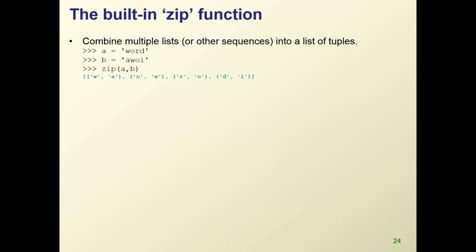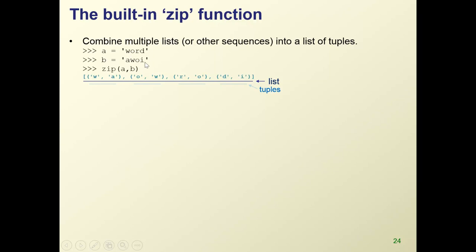We have two sequences, one is A, one is B, and we say zip AB, and we come out with a list of tuples. So our list is the entire thing, our tuples are inside there, W-A, O-W, R-O, D-I. And you see how it pairs it up in the order of the items in the sequences.